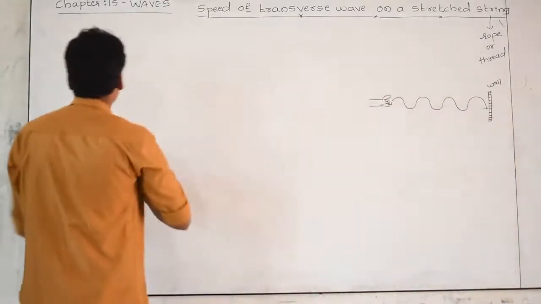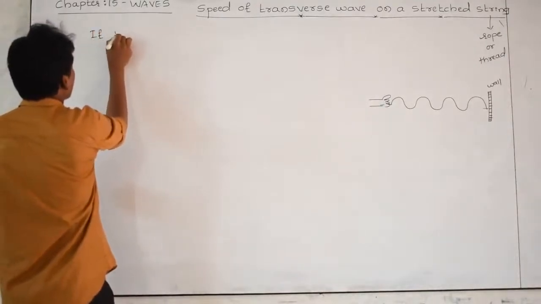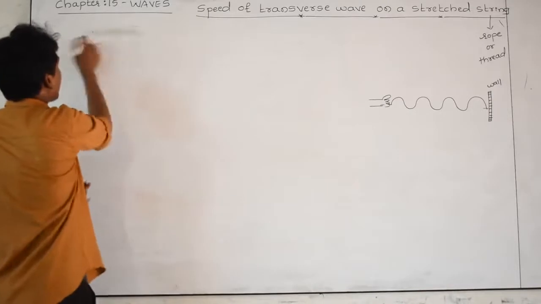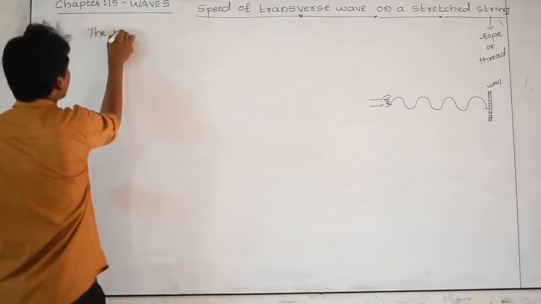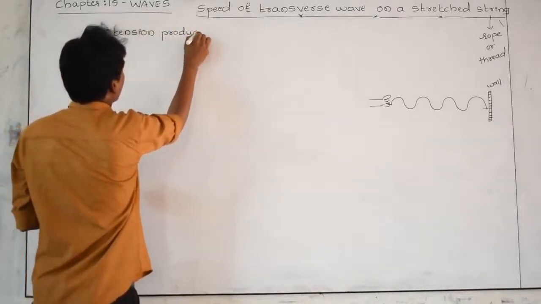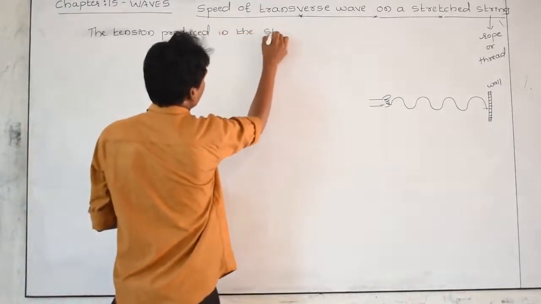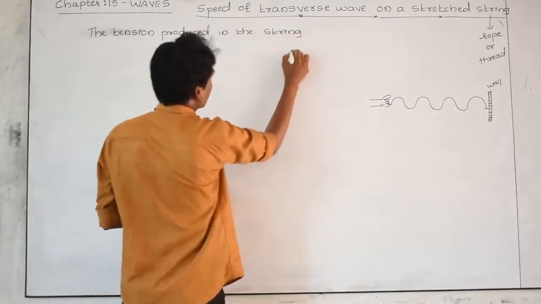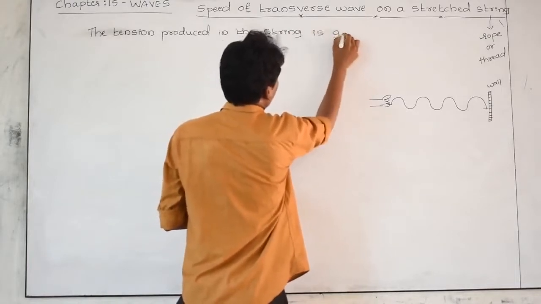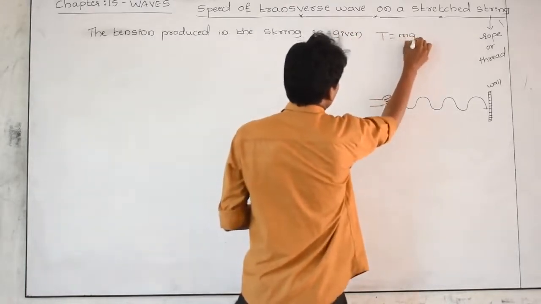First, see here. Take the tension produced in the wire. If you stretch the wire, the tension produced in the wire or string is given by the formula T is equal to mass into g.